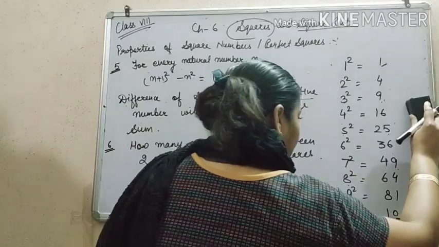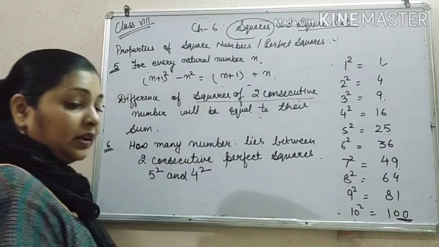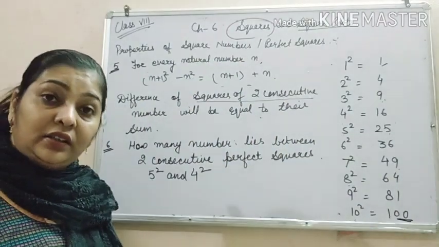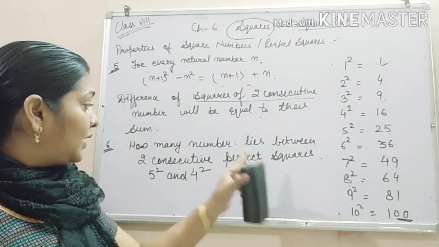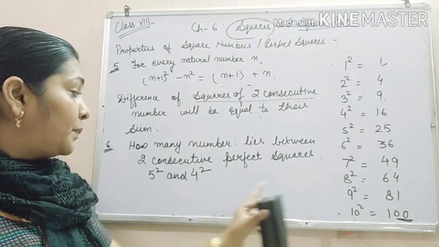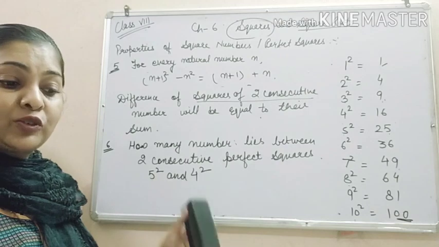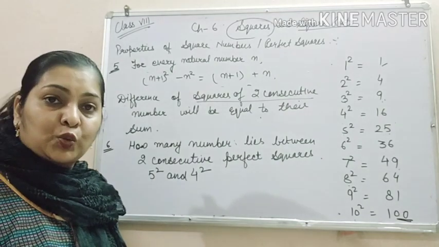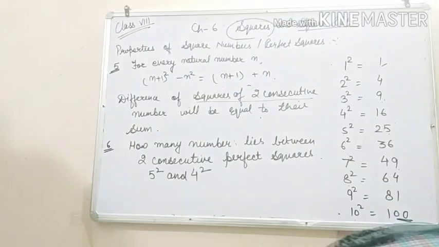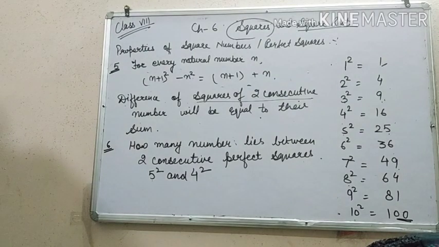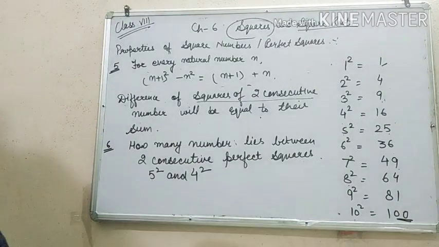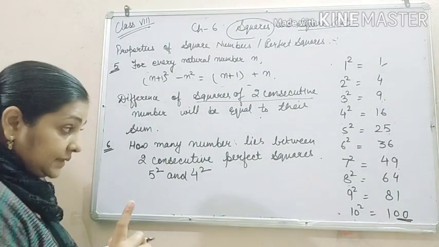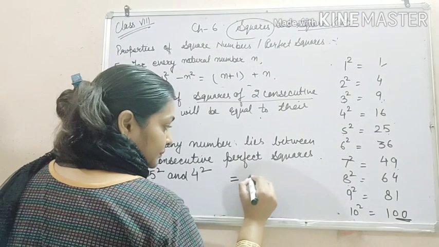But what can be another method to find how many numbers lie between two consecutive perfect squares, that is 5 square and 4 square? The answer is 2n.